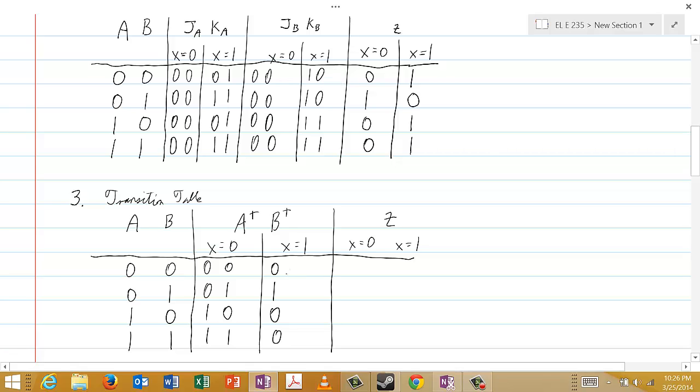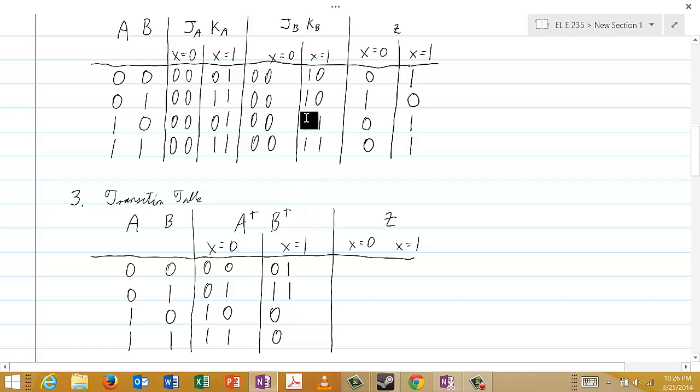So we get 1 here for the next value of B. And in fact, looking down, we can see that the next one is the same situation. J and K are 1, 0. So that will definitely say that the next value of the output B will be 1.